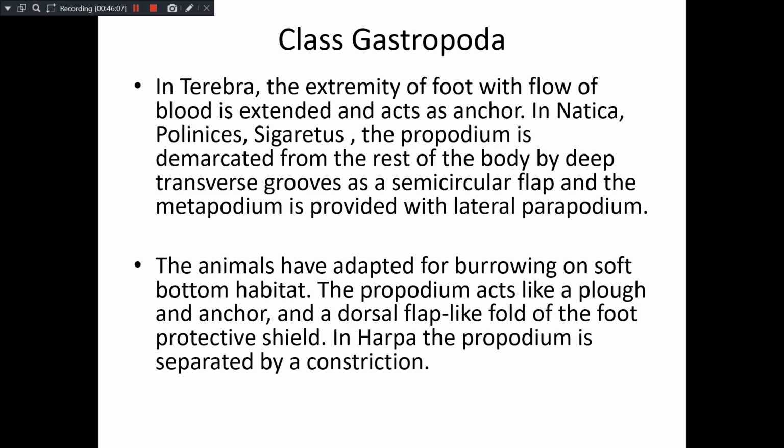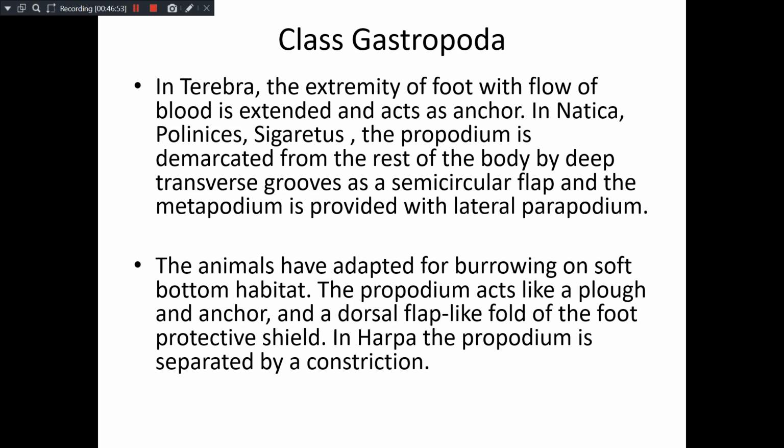Again, coming back to the class Gastropoda, in Terebellum, the ends of the foot can extend or retract with the flow of blood. They also function as an anchor. In Natica, which I have already told you, there is a deep transverse groove and a semicircular flap, and the metapodium is provided with lateral parapodia.